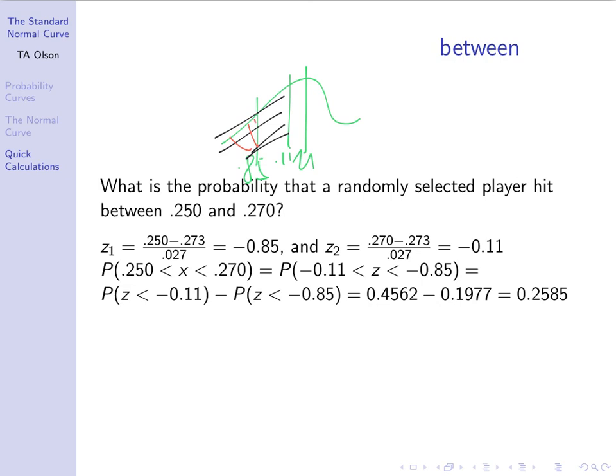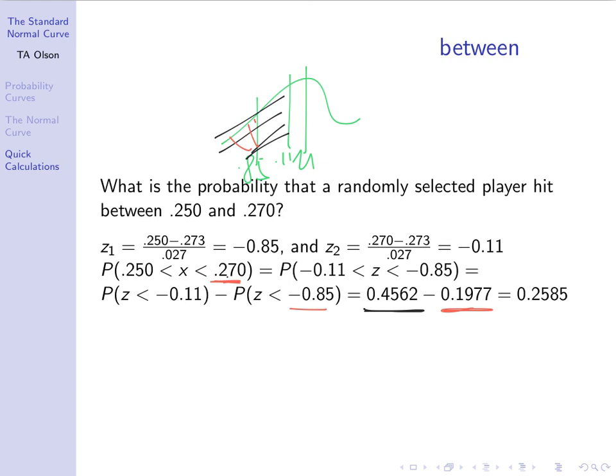If you look on the tables, the probability that a z-score is less than 0.11 is 0.4562, right? So there's a 45.62% chance somebody hits less than 270. There is a 0.1977 chance that a random z-score is less than 0.85, which is the same as saying there's a 0.1977 probability that a random baseball player hits less than 250.